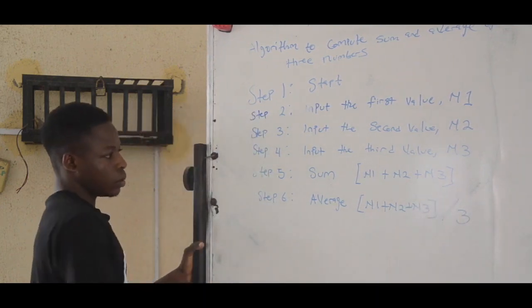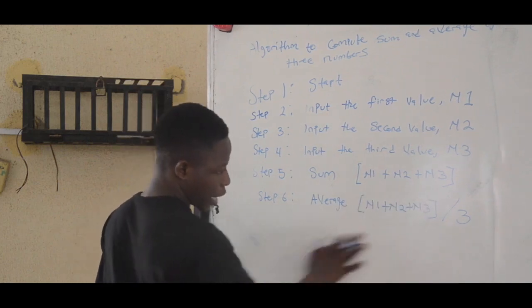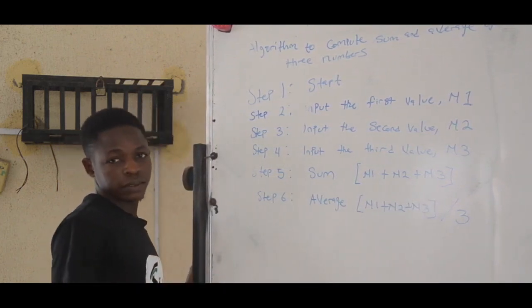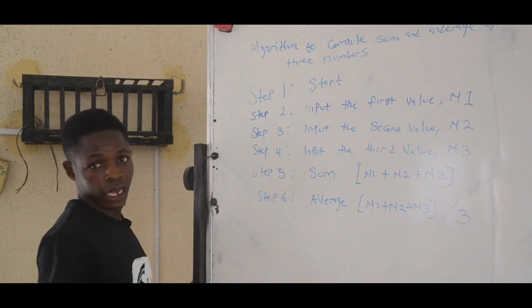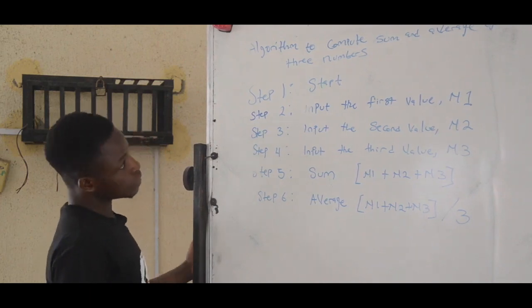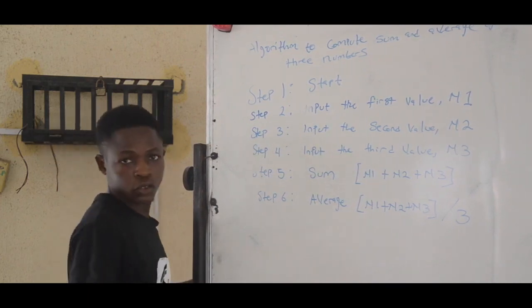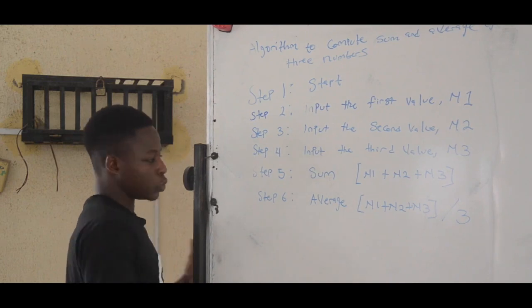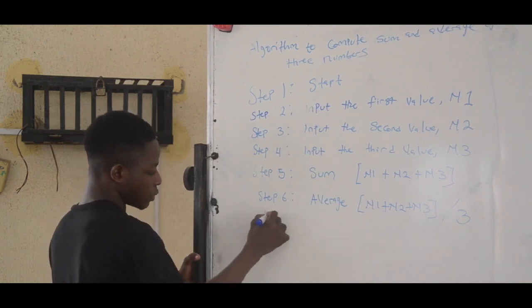So here we try to find the average. Now what else? We've already performed the necessary operations. The next thing is for us to showcase our answer, to show our answer. That's output. So now that will be your step 7.